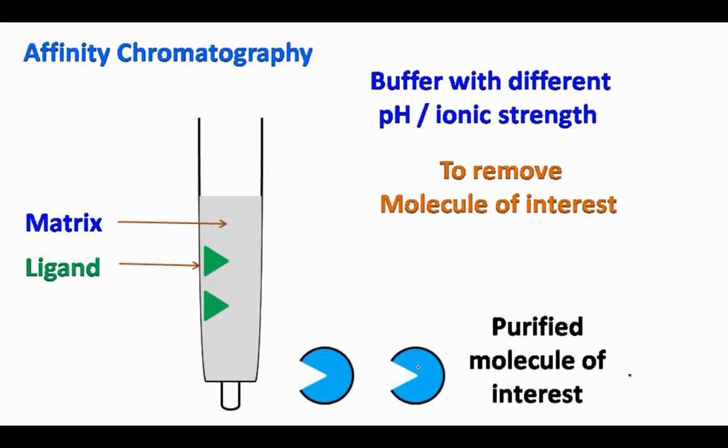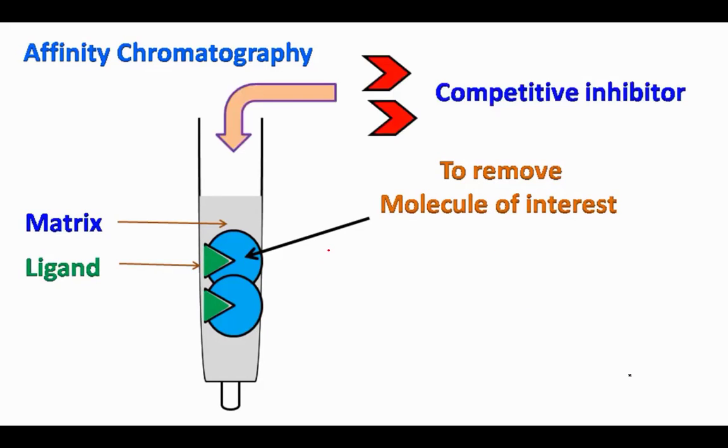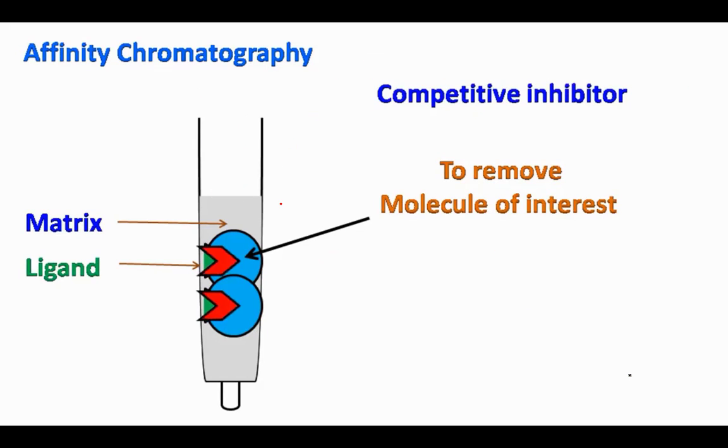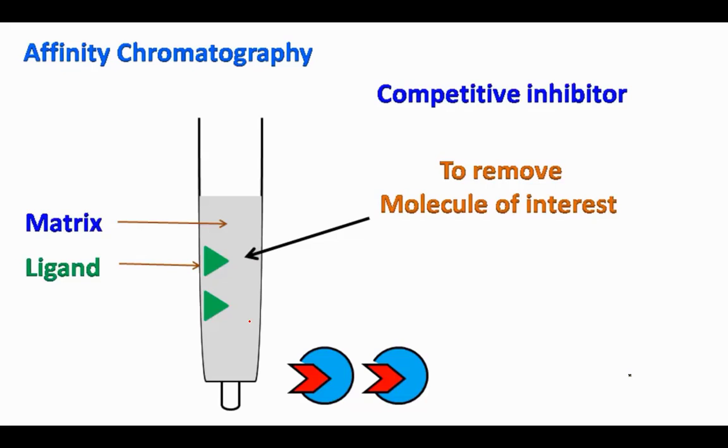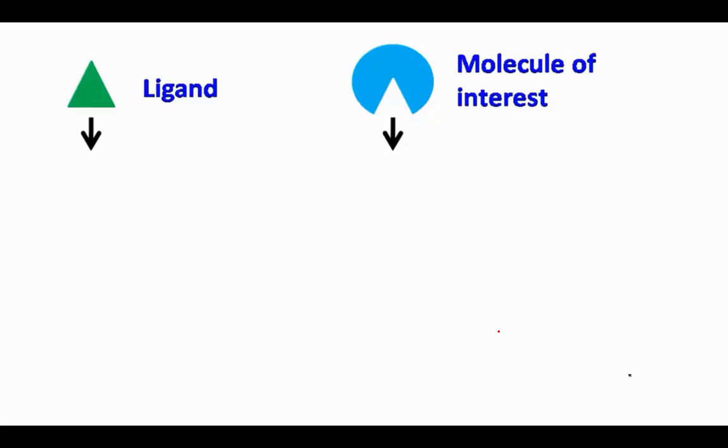It can be removed from the column and purified, right? To remove it, we can also use a different method, like adding a competitive inhibitor to the sample. The competitive inhibitor binds to the sample and removes it, and this competitive inhibitor can again be removed from the sample by dialysis or a change in the pH or ionic strength of the buffer.